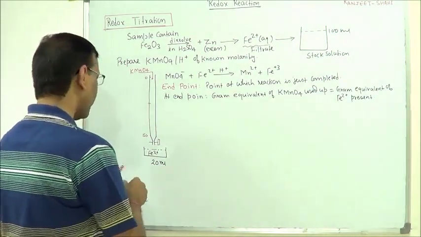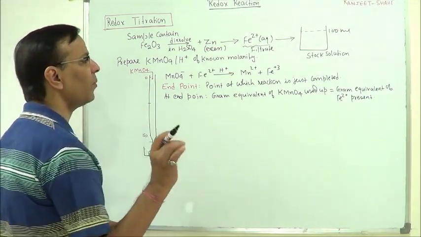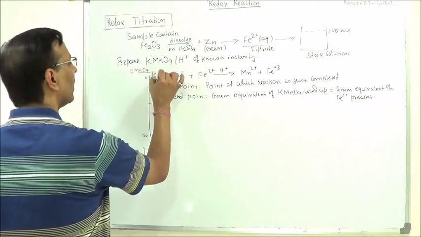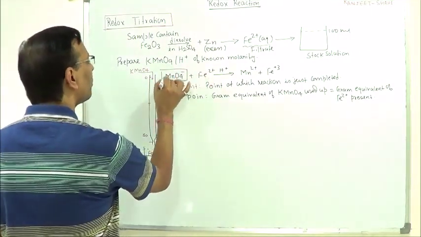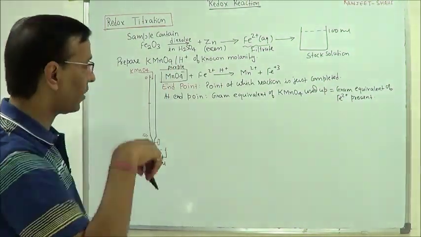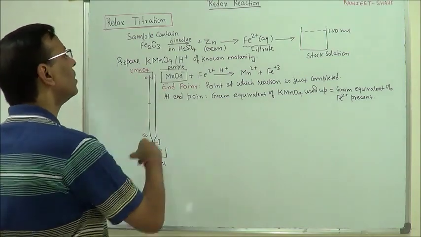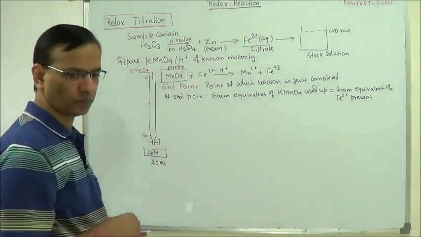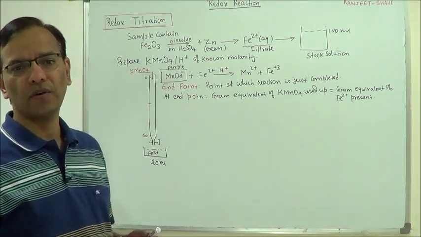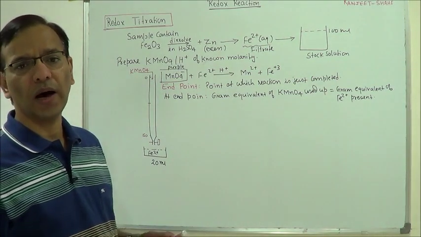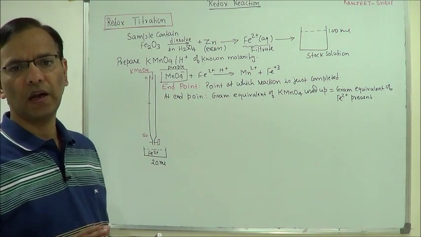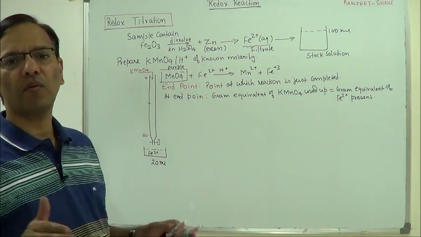We all know that potassium permanganate solution is deep purple in color, and the purple color of potassium permanganate is due to the permanganate ion. The intensity of the color of permanganate solution is so high that even a drop of potassium permanganate solution can make a bucket full of water purple.